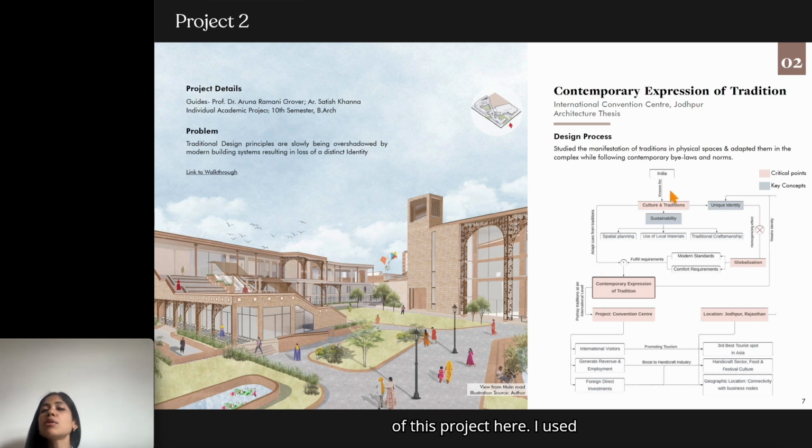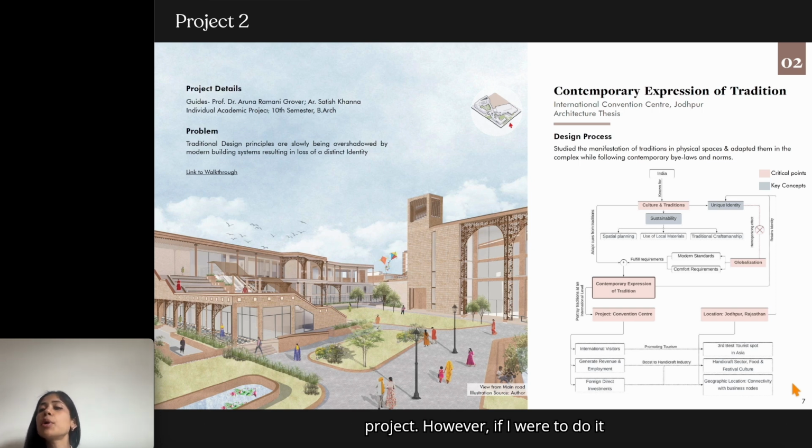Here, I use this side of the page to explain my design process in detail. Because this is an architecture project and it's quite different from the UX case studies and the usual design thinking case studies that I've presented, I wanted to explain in detail the design process that I adopted for this project.